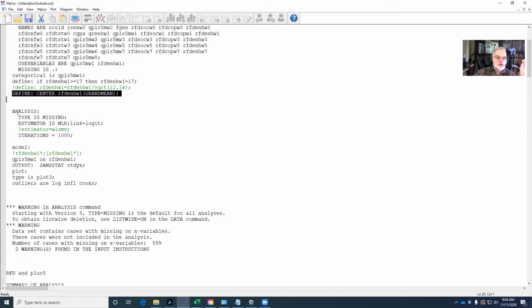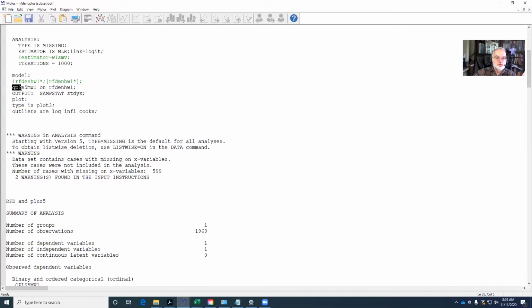And if I would want to, I can run MLR with a link logit function. This is not the default behavior, the default behavior is WLSMV, but given this particular sample, I'm going to get roughly the same answers out.